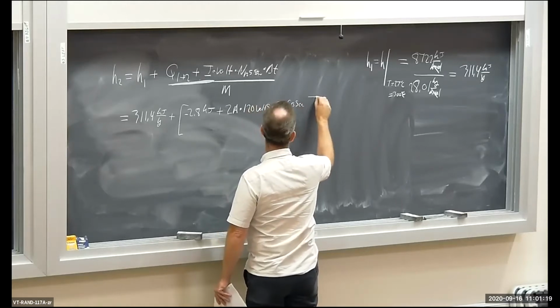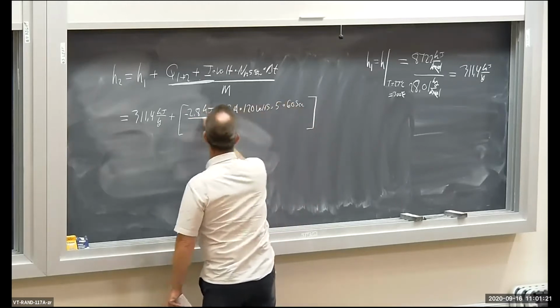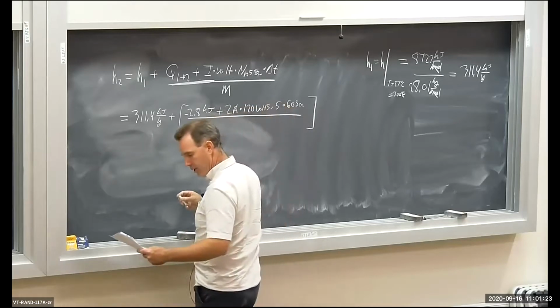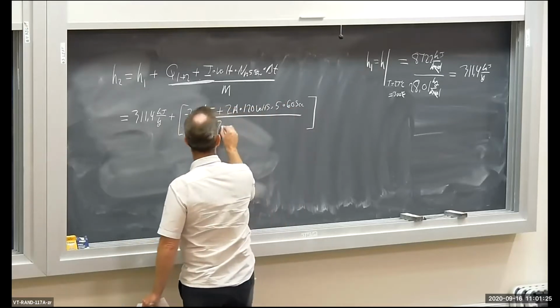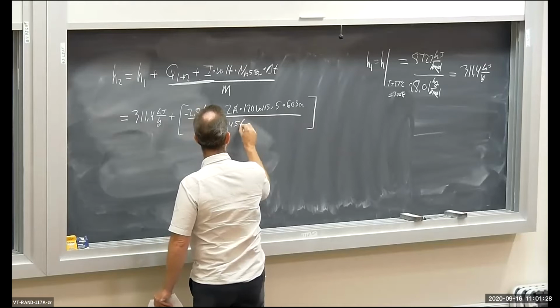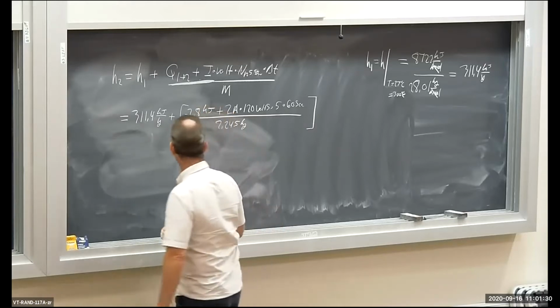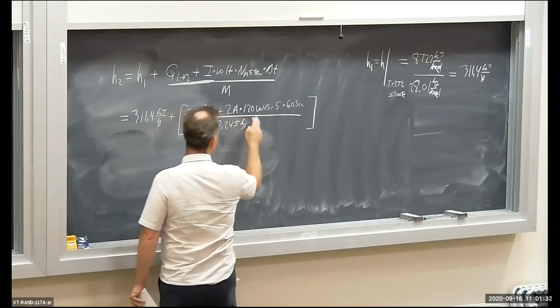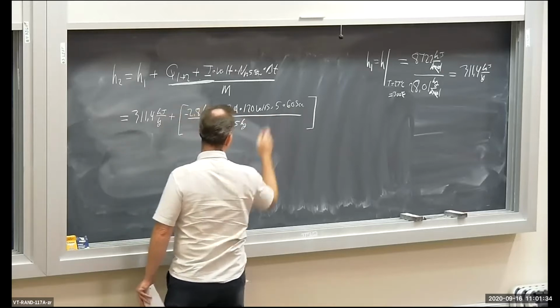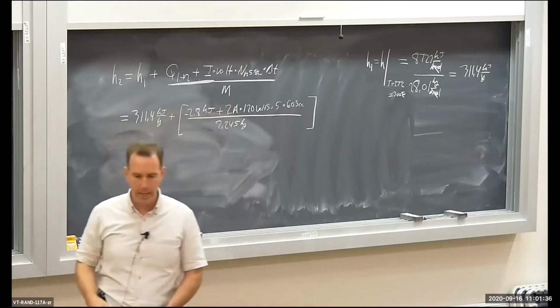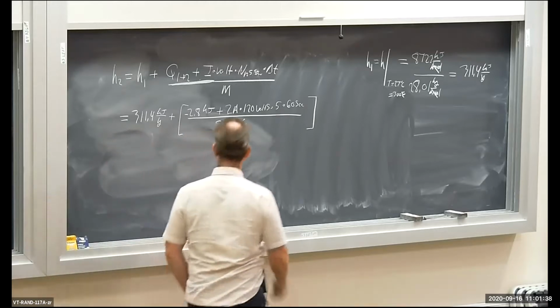And then the mass here was 2.245 kilograms of the stuff. Notice here we have energy, volt times amp times time. That gives me energy again. This term here, by the way, let's be careful.